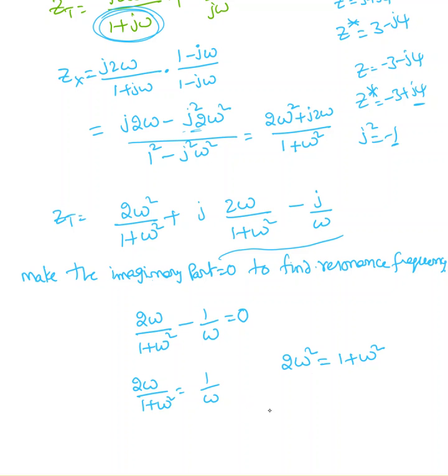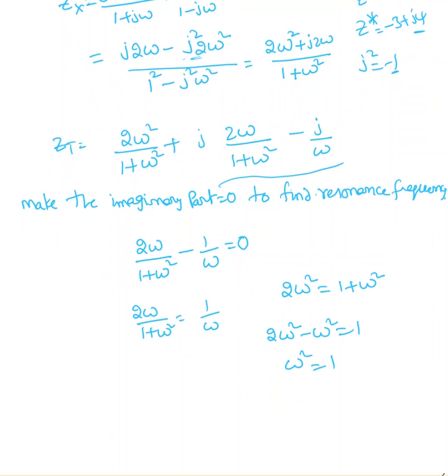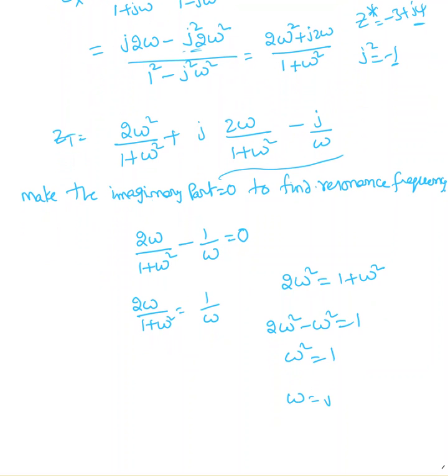If I pull everything to the other side, 2 omega square minus omega square, which is omega square, equal to 1. So omega equal to square root of 1, plus or minus 1. I'll take plus 1, because omega will not be a negative number. So 1 radian per second.